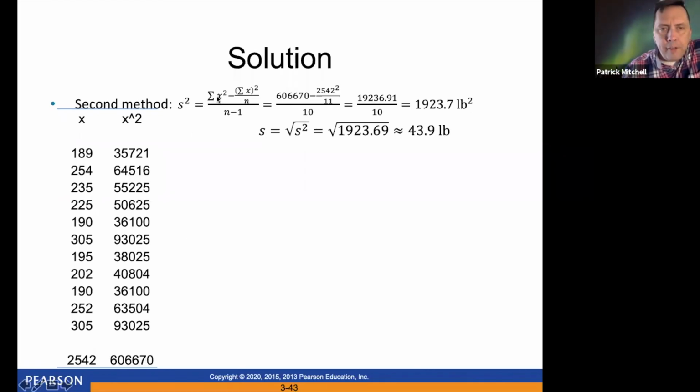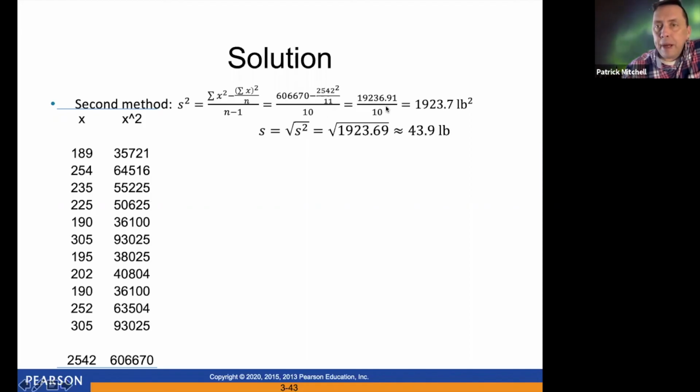The sum of the squared x's comes out to 606,670. The square of the sum of the x's is 2,542 squared. We're going to divide that by 11. So when you crunch these numbers on top, you should get 19,236.91. That's rounded a little bit.